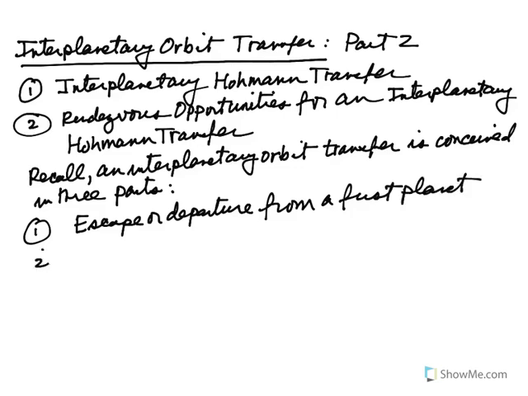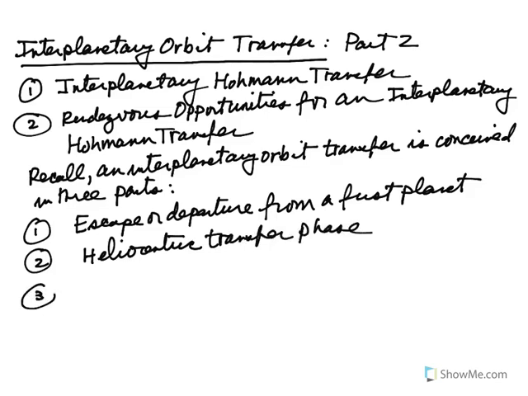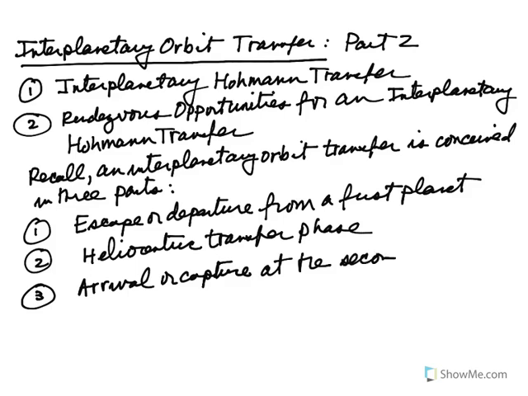The second part was the heliocentric transfer phase, and the third part was arrival, or equivalently capture, at the second planet.